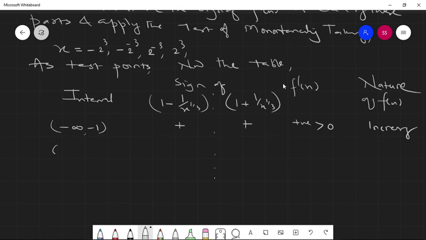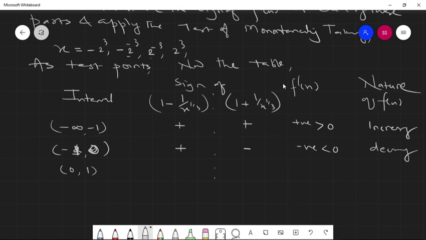Yeah, and the second interval is minus 1 comma 0. The testing value is the second value. Here we will obtain positive, here we will obtain negative. The product is negative, smaller than 0, here decreasing. Similarly, the third interval is 0 comma 1.